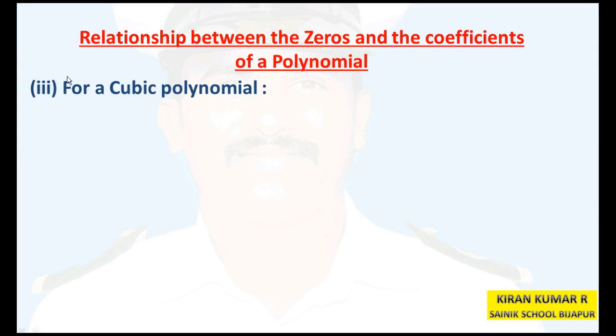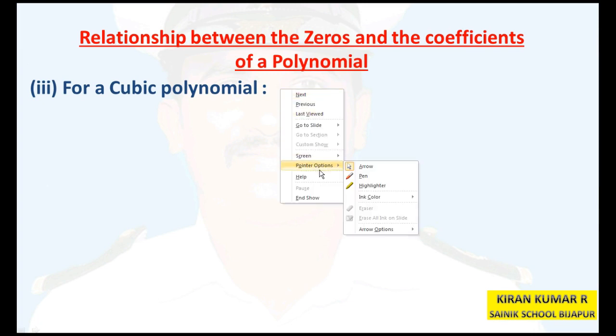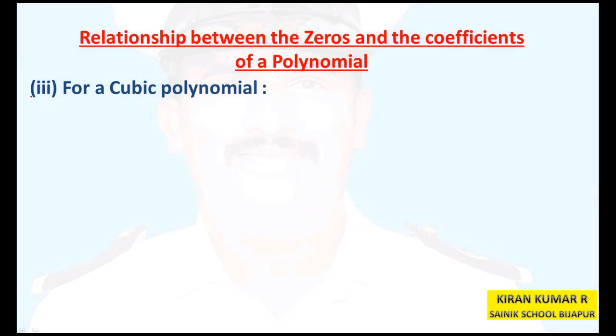Let alpha, beta and gamma be the 3 zeros of a cubic polynomial.